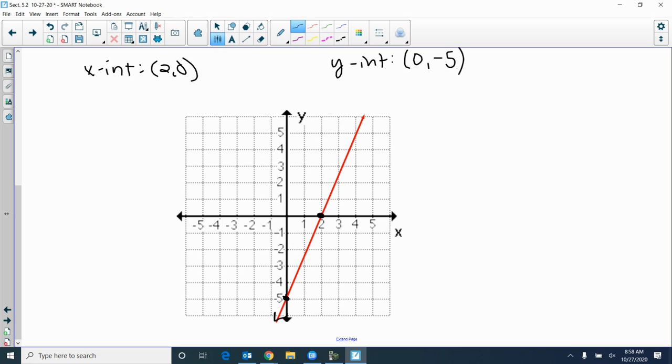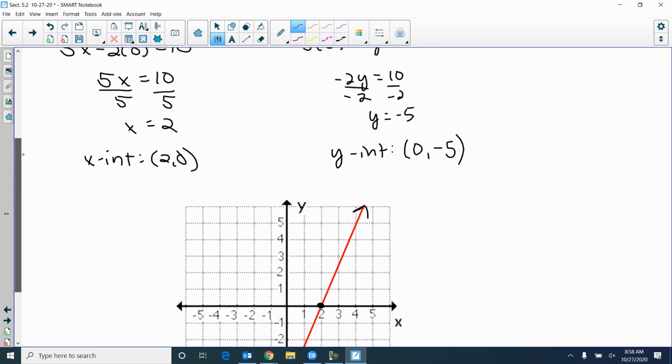And then you need to make sure you put arrowheads on your line because it is going to keep going. That would be all of the answers to that equation. (0, -5) and (2, 0) are just two of the answers. They would come up as ordered pairs on the line.